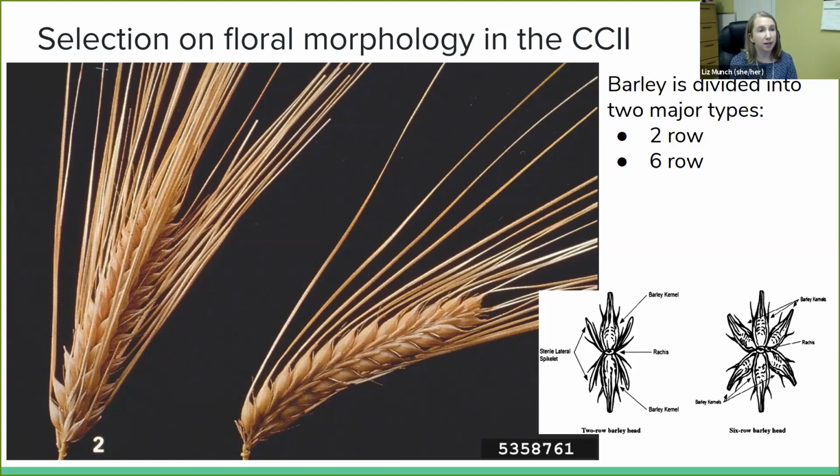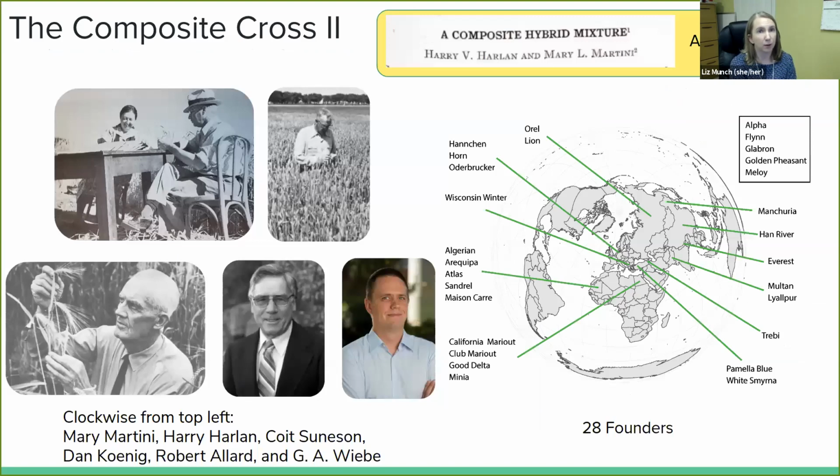So the data set that we have access to is what's called the composite cross-2. This is an experiment that actually started in the 1920s, which I think is nuts still. In the 1920s, Harlan and Martini picked up 28 founders, 28 different examples of barley from all different regions in the world. You can see these guys over here. And they took all of this barley and started crossing it and planting it in fields.